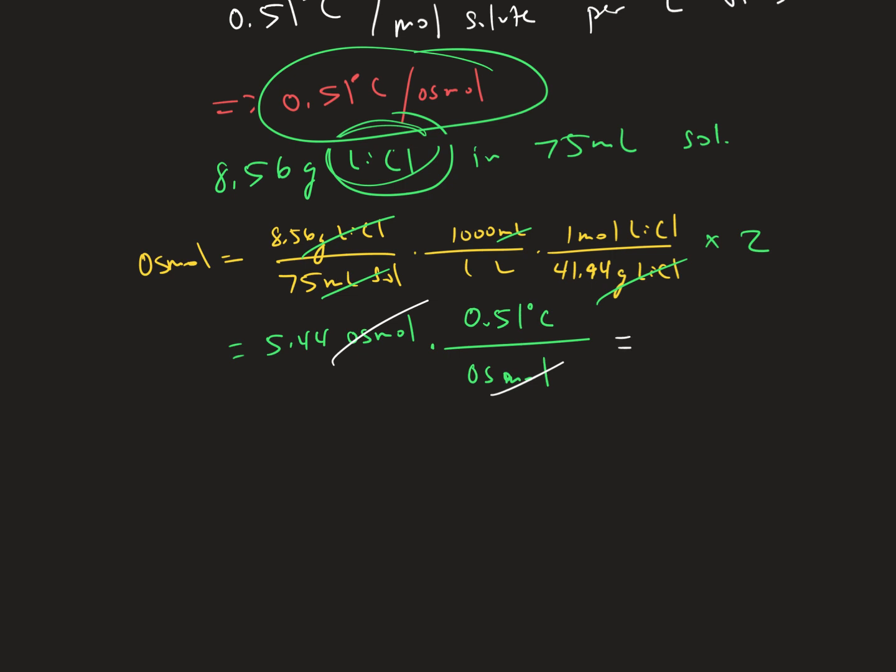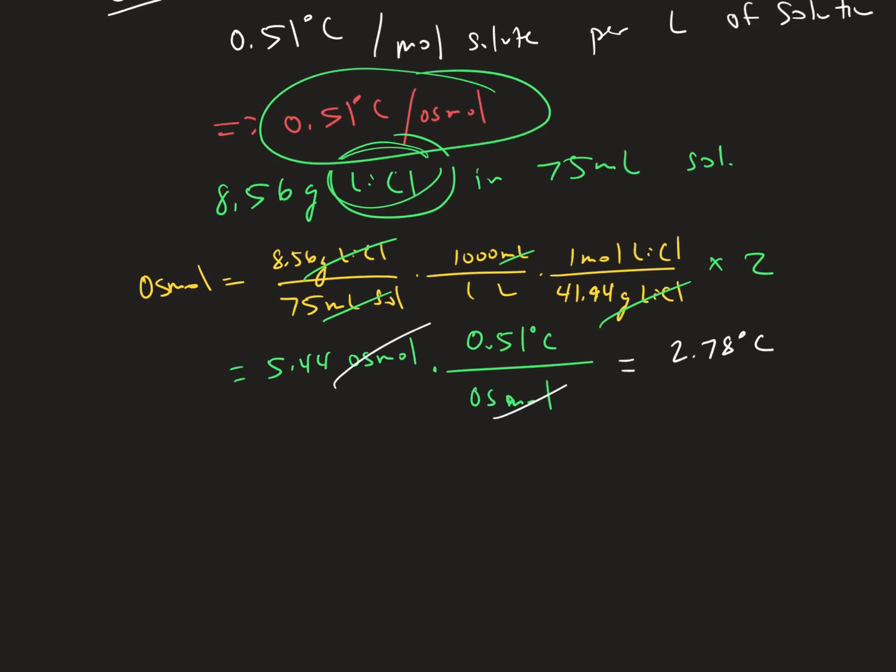And this gives us 2.78 degrees Celsius. Is that our answer? What's the question? How much does our solution, what boiling point does it change to? What is 0.51 Celsius?